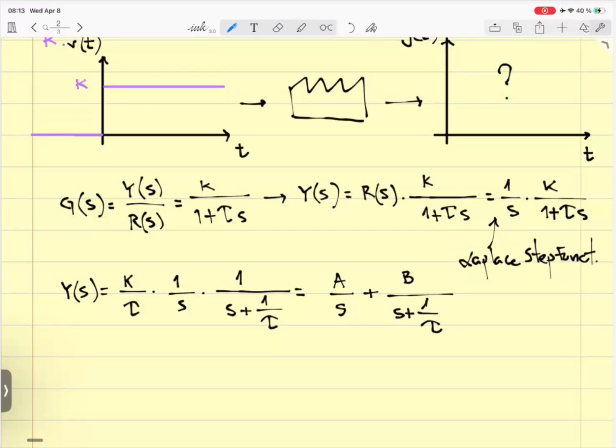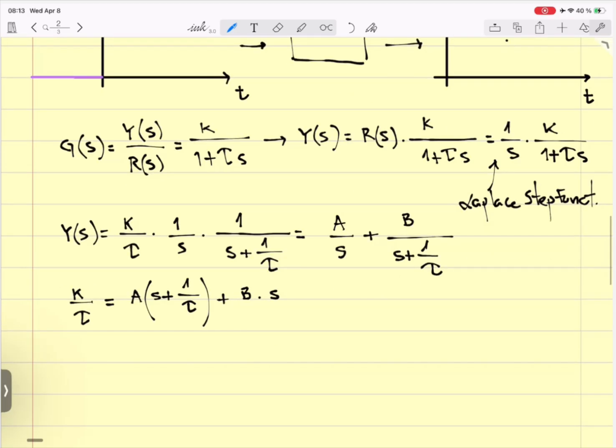Okay, and so if we do this, we can say that k divided by tau equals a multiplied by s plus 1 divided by tau plus b times s.